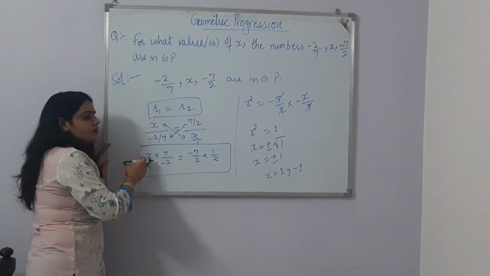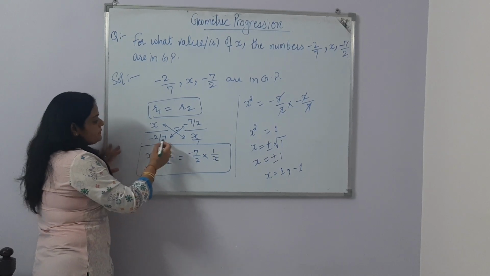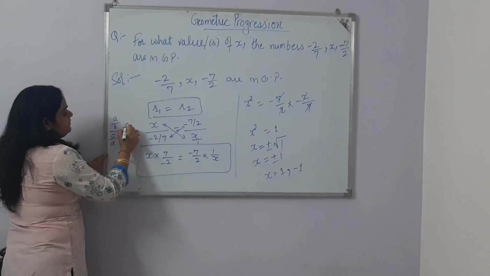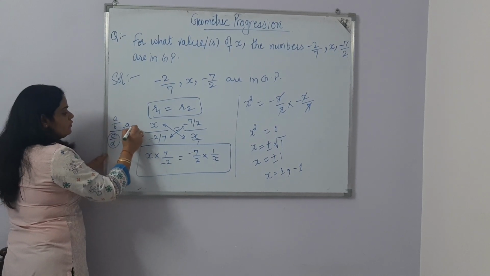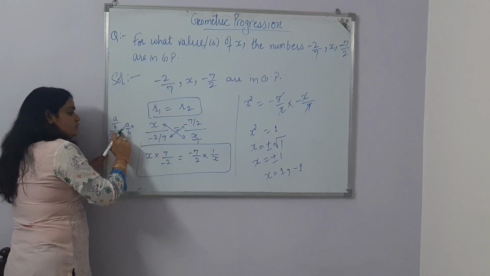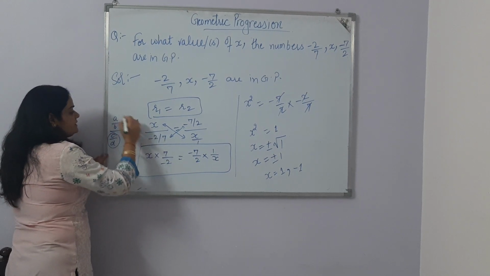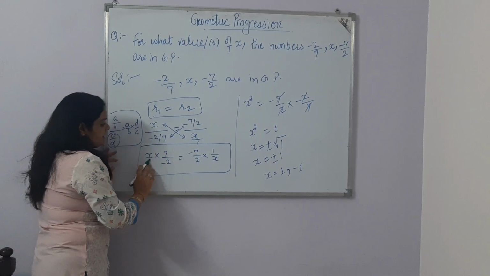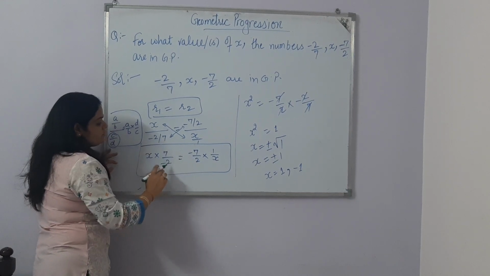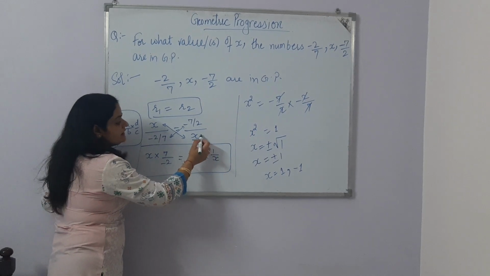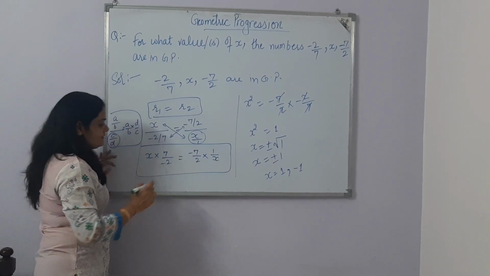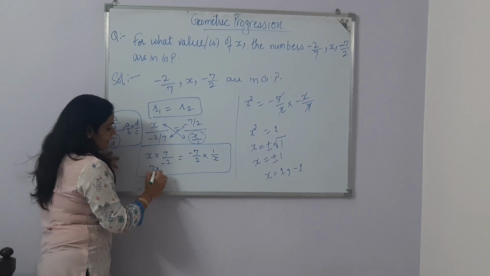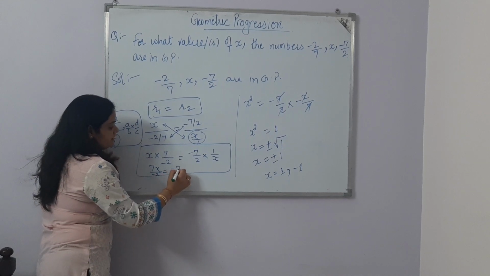Or you can do this question by this criterion. We know that a/b upon c/d, when it goes with a multiplication symbol, c/d will be reciprocated: a/b into d/c. I followed the same: x into the reciprocal of -2/7, which is 7/-2, and the reciprocal of x/1 is 1/x. Then it is 7x by -2, and -7 by 2x.